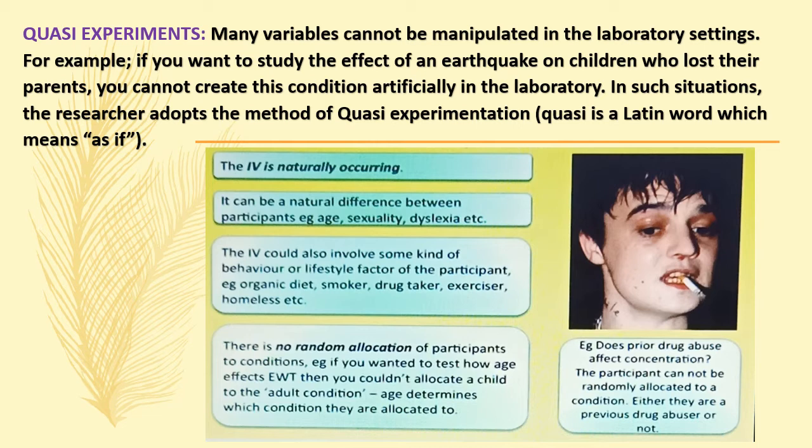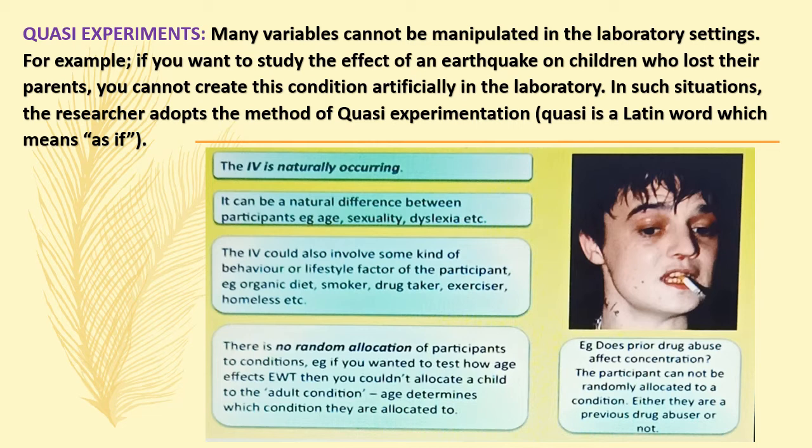In quasi experiments, for example, does prior drug abuse affect concentration? The participant cannot be randomly allocated to a condition. Either they are a previous drug abuser or not.